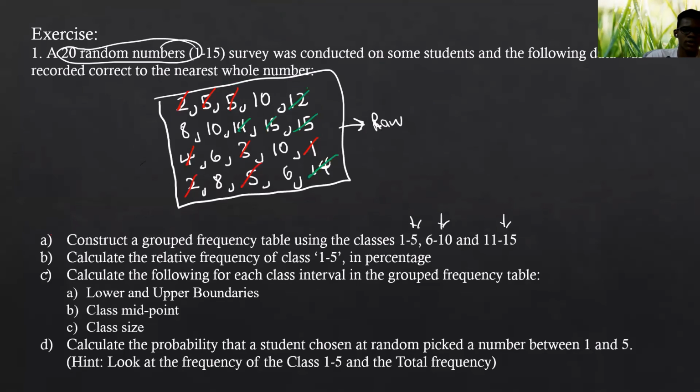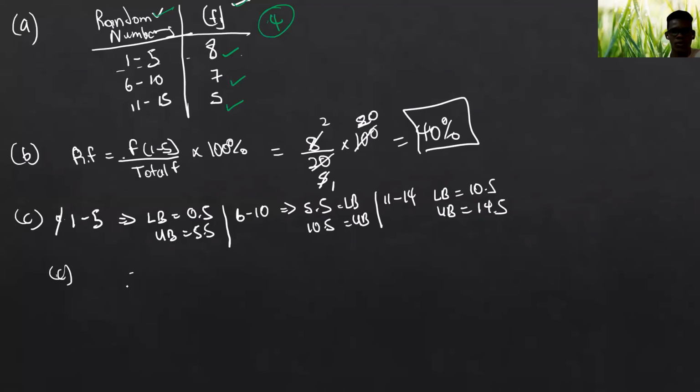Next is class midpoint. Now for the midpoints, you should see a pattern here as well. I'm just gonna write the answer. Class midpoint here would be 3. Class midpoint for 6 to 10 would be 8. And the class midpoint for 11. Yeah, Kazako.